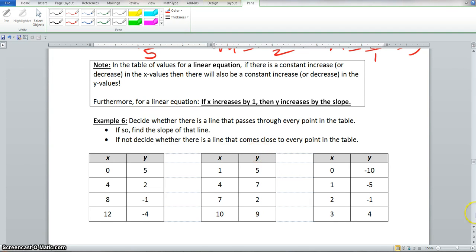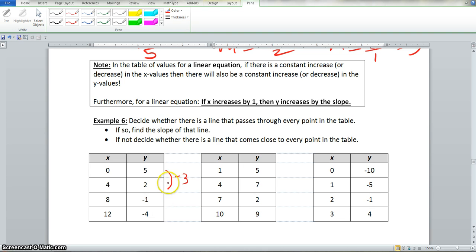Okay, now what we could do here is like we did up above. From 5 to 2, we go down 3. From 2 to -1, it goes down 3, and from -1 to -4, it goes down 3.